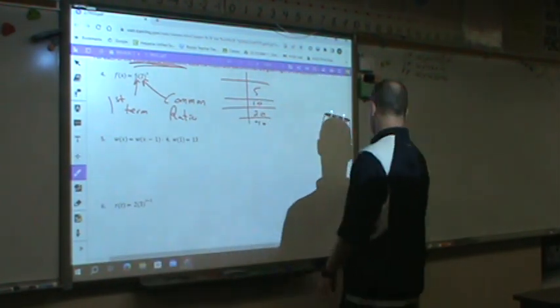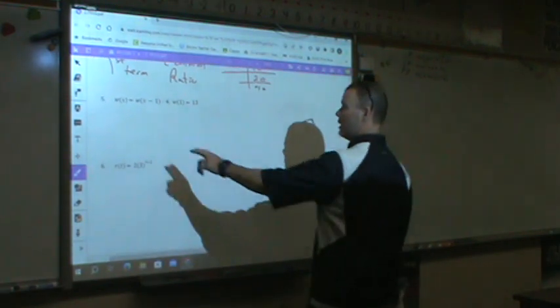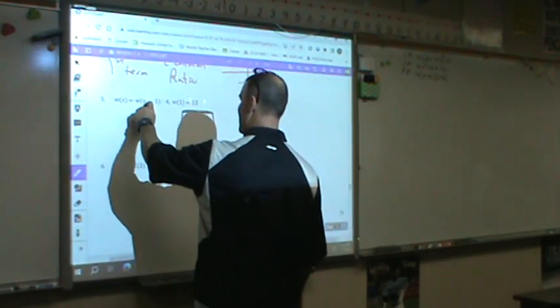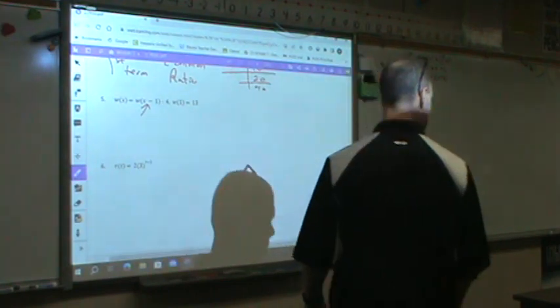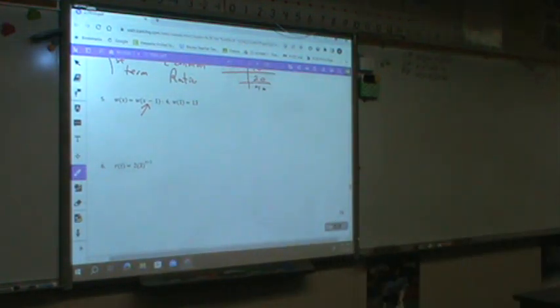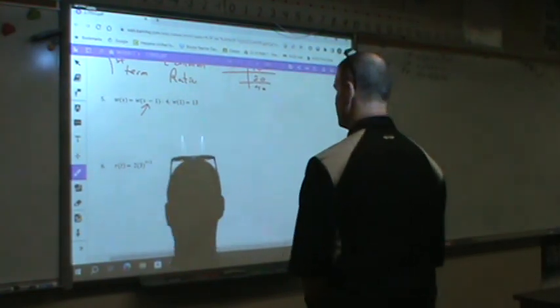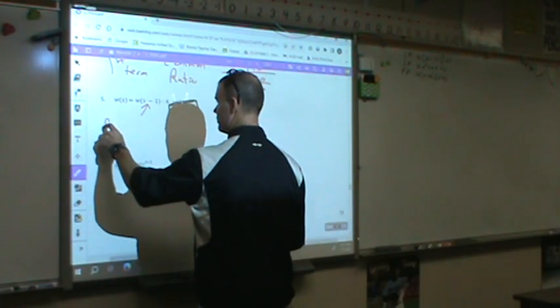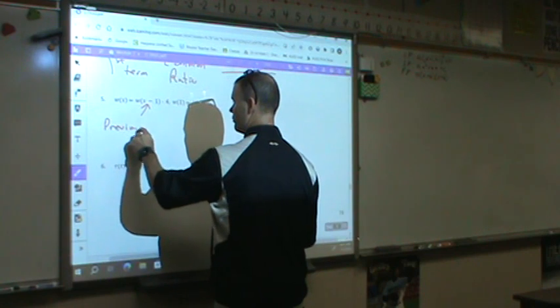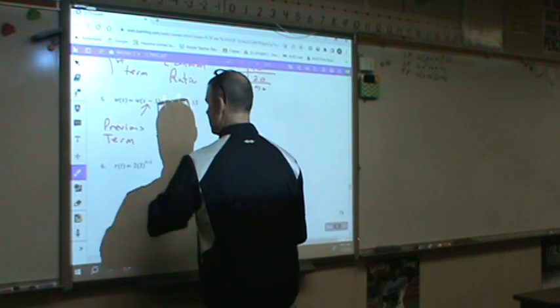Number 5, what is the notation W times X minus 1? Do we remember what that notation means? Again, it's just notation. That means previous term.